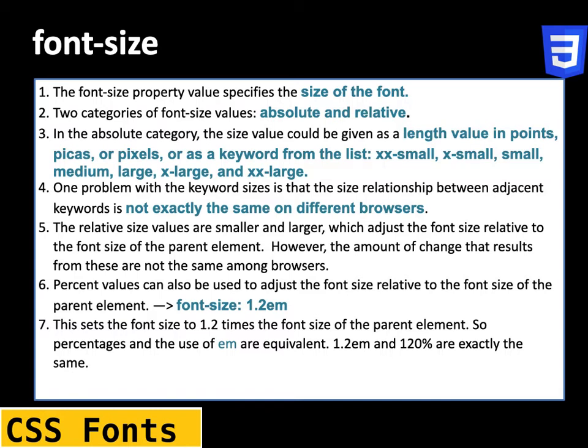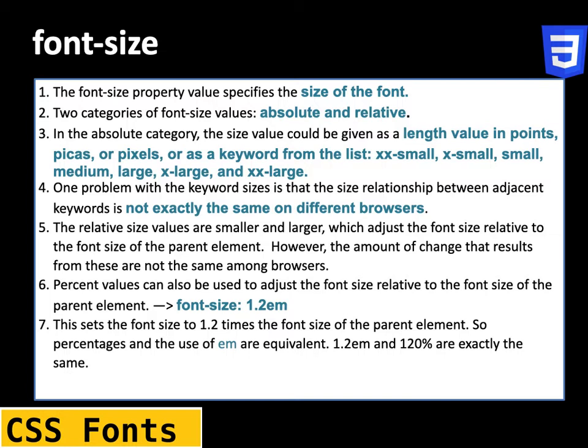So points or picas mean a particular measure or unit of font value specification. One problem with the keyword size is that the size relationship between the adjacent keywords is not exactly the same on different browsers.